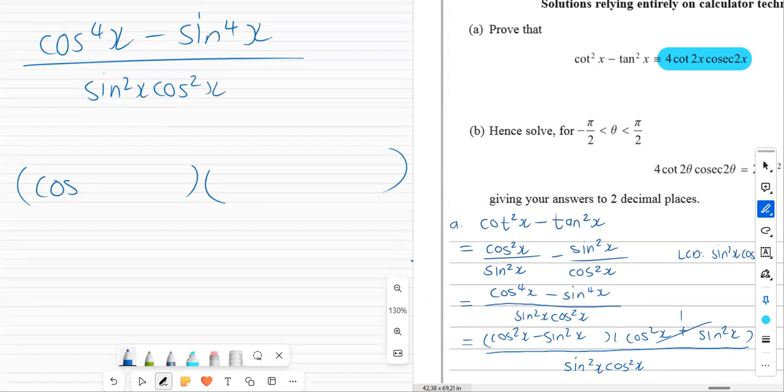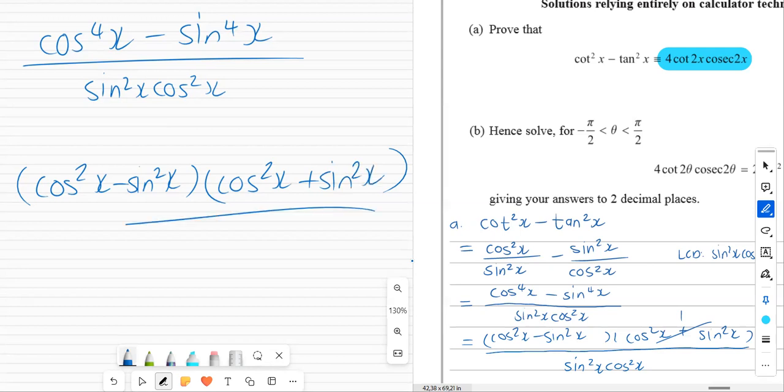So we have cos 2x minus sine squared x. When I say 2x, I totally mean squared x. Cos squared x plus sine squared x, okay, so 1 plus 1 minus 2 brackets all over the same denominator.